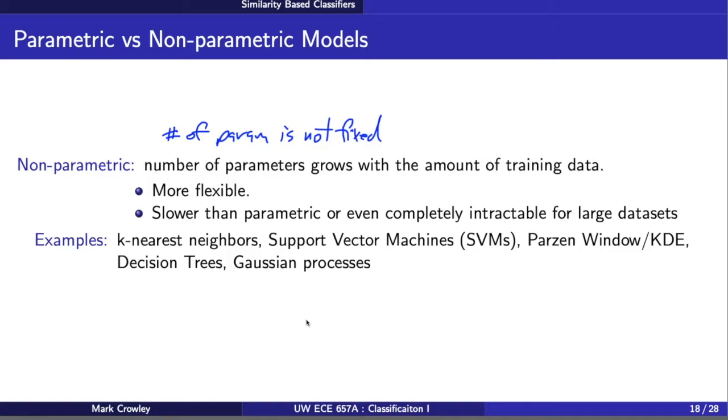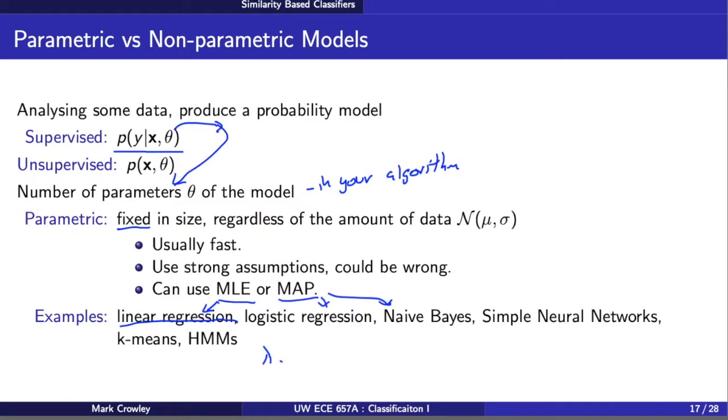If you're adding parameters to your model as the data arrives, your model is going to get bigger and bigger the more data you have, right? K-nearest neighbors and decision trees are like this, because as you add more data, you add more split points and ways of defining your function. Whereas with models that have a fixed number of parameters, the model doesn't get more complex as you get more data.